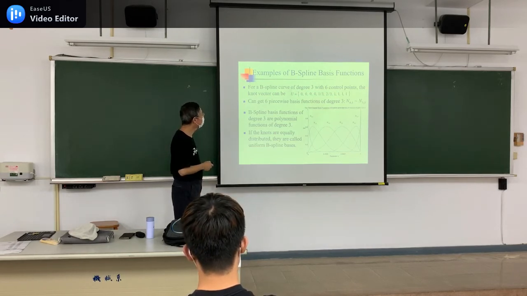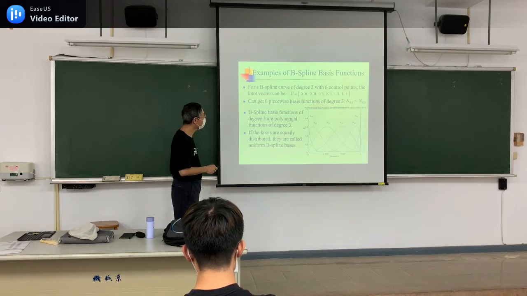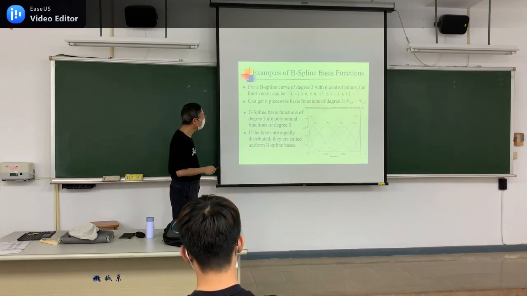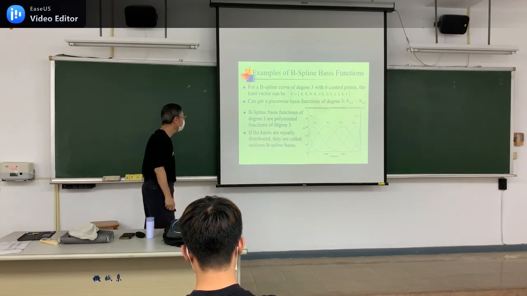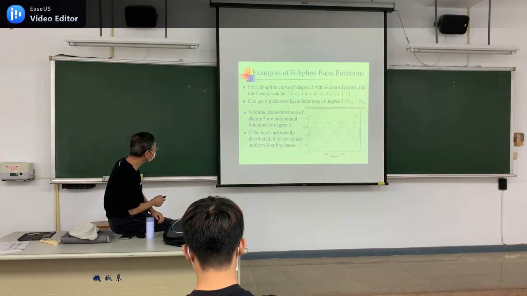And we can get 6 piecewise basis functions of degree 3. In other words, N0,3 up to N5,3. Each one will be a weighting function for each control point. This is for P0, this is for P5. And the resulting piecewise basis functions of degree 3 are all polynomial functions of degree 3.